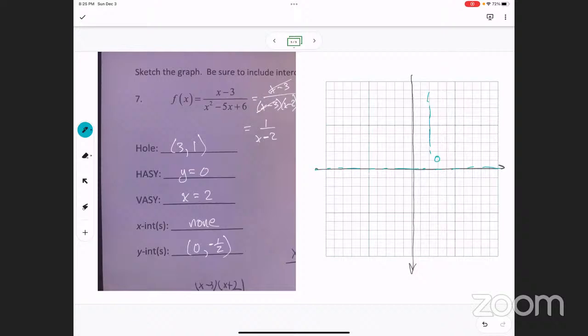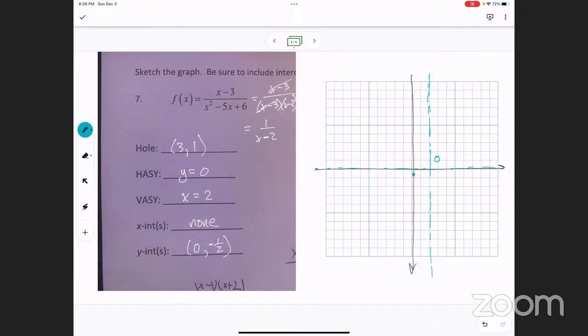And what's the multiplicity of that vertical asymptote? 2, right? Or no. The multiplicity is 1, which means it's going to approach in opposite directions. And my y-intercept is 0, comma, negative 1/2.